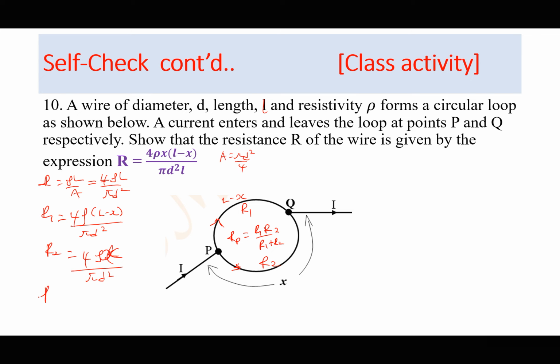So it means total resistance is going to be, let me write here, 4 rho into L minus X divided by pi d squared, times 4 rho X divided by pi d squared, divided by 4 rho into L minus X over pi d squared plus 4 rho X over pi d squared.